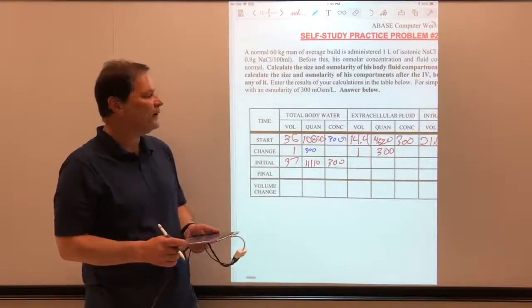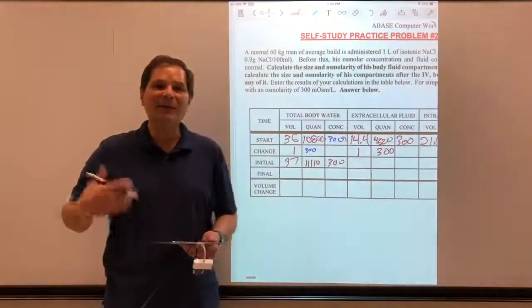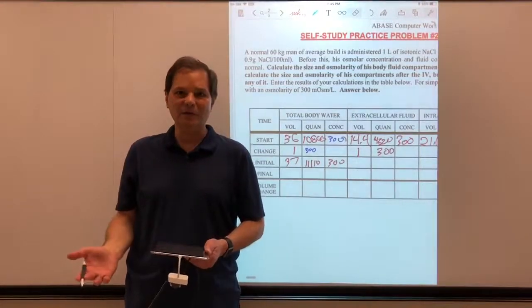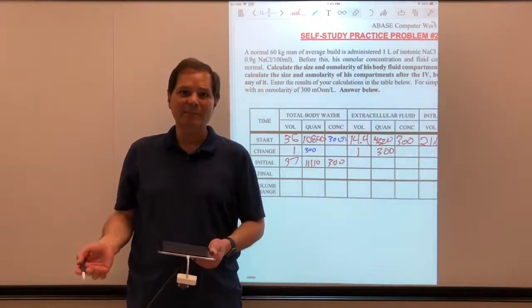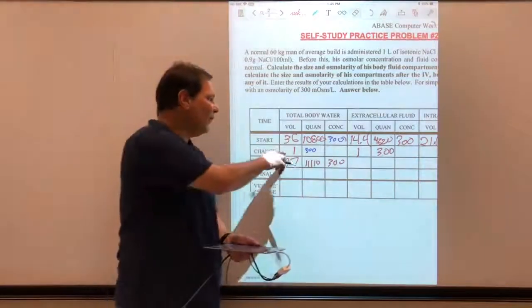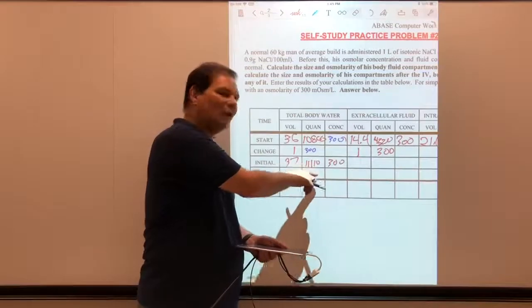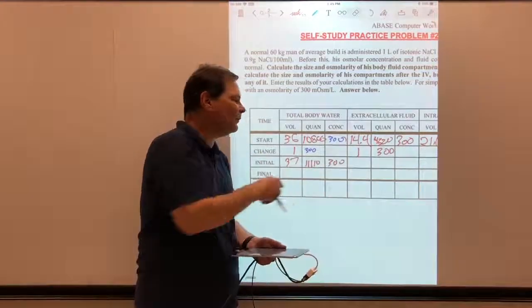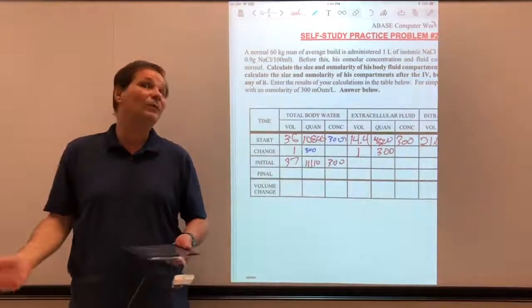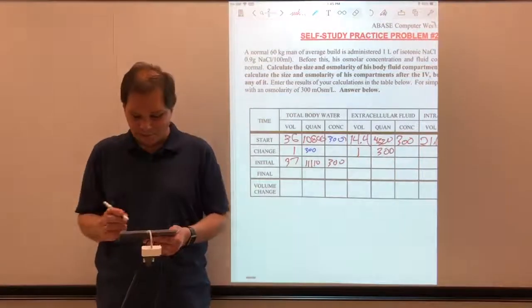So our osmolarity didn't change because we added an isoosmotic solution to the plasma, okay? So we added volume, we added the particles to go with it. In the end, we have more volume, more total body water, but the osmolarity didn't change because what we added was 300 milliosmoles per liter.